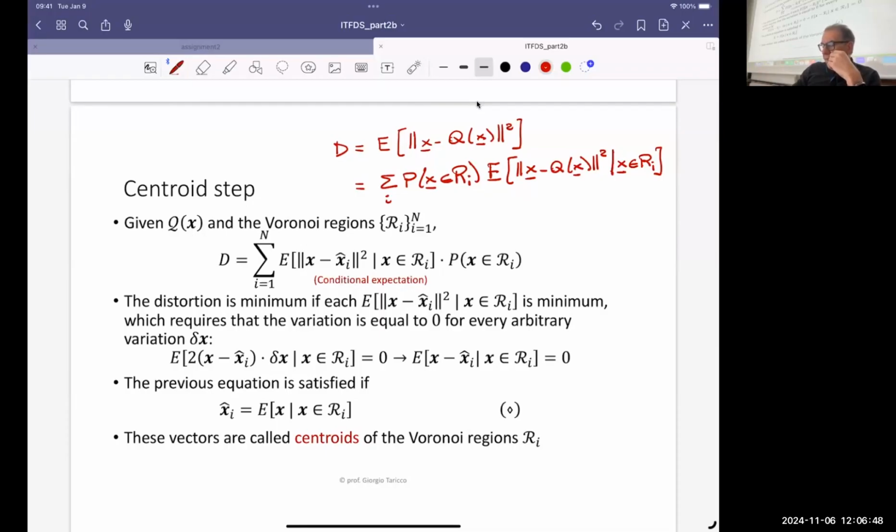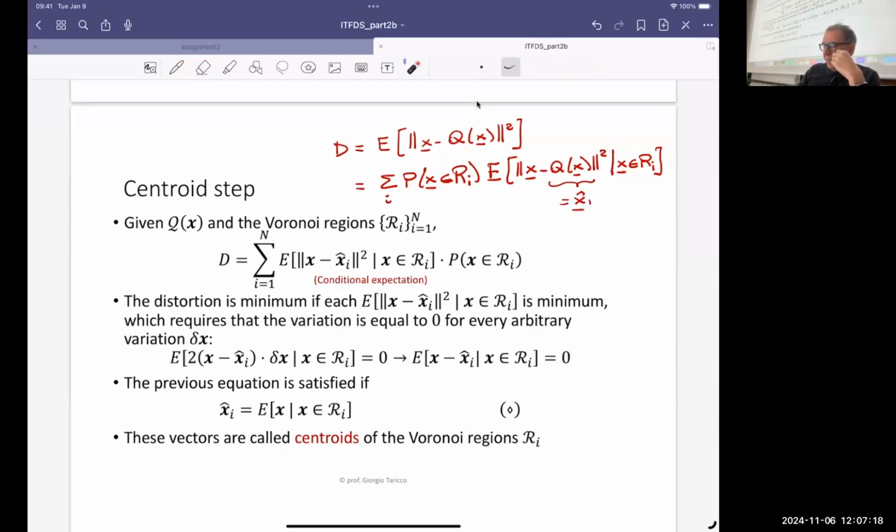However, when x belongs to the ith Voronoi region, what is q of x? It's always equal to x hat sub i. So we can replace this with x hat sub i.